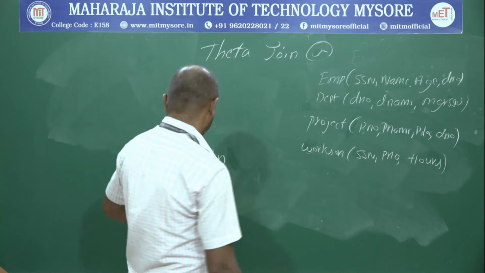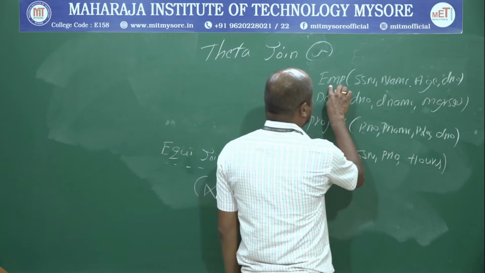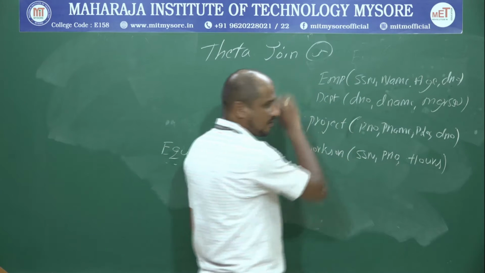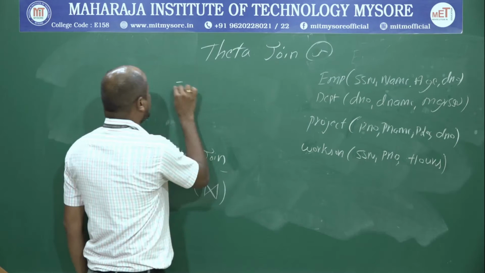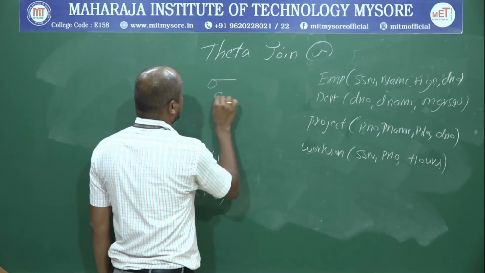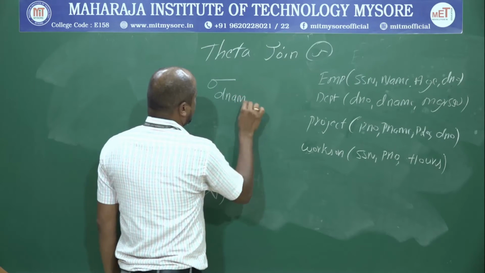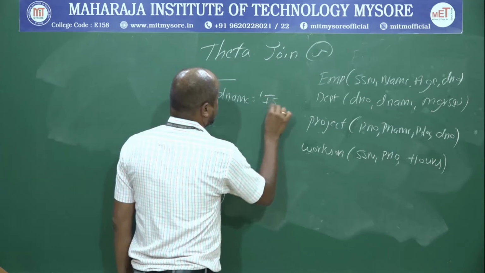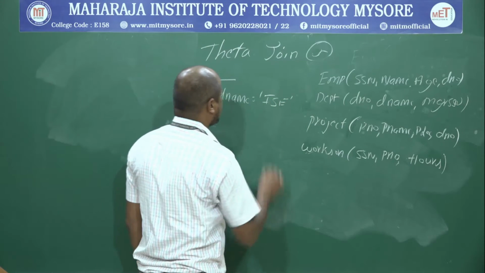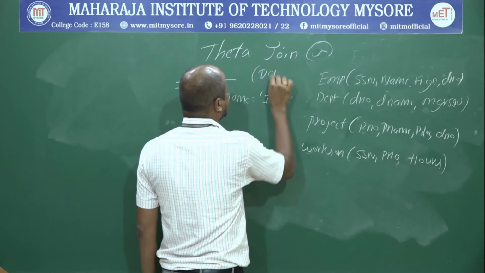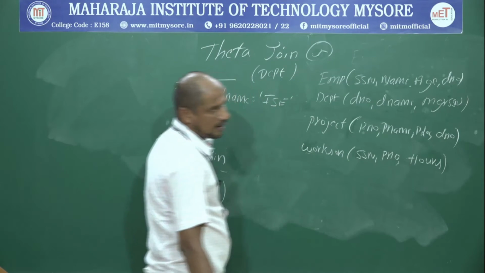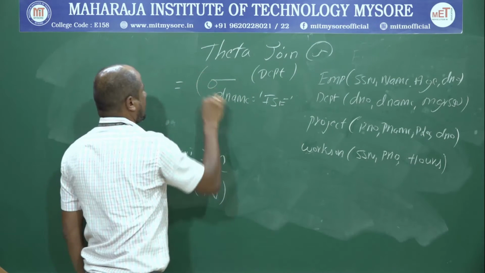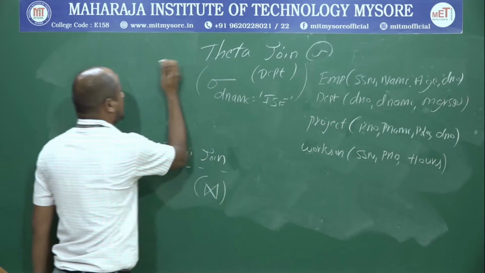So now, employee and department are required. The condition, as I told, is D name equal to ISC. Department is the table that is required.